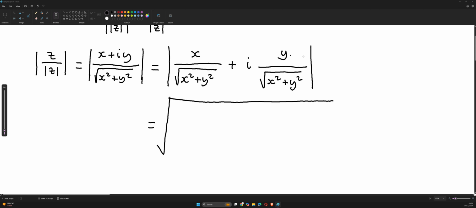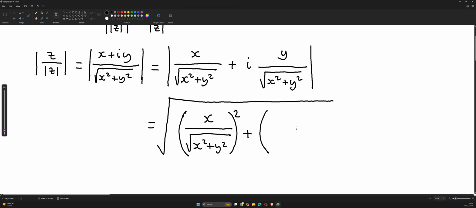So we're going to turn this up here into the square root of x over the square root of x squared plus y squared, squared, plus y over the square root of x squared plus y squared, squared. Okay, so this over here is the magnitude of this complex number inside here.